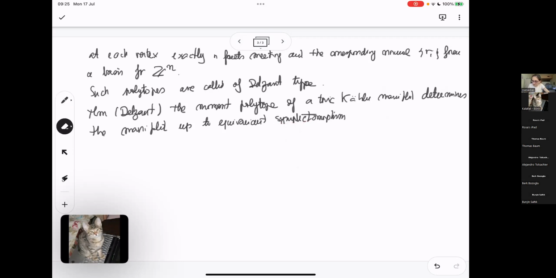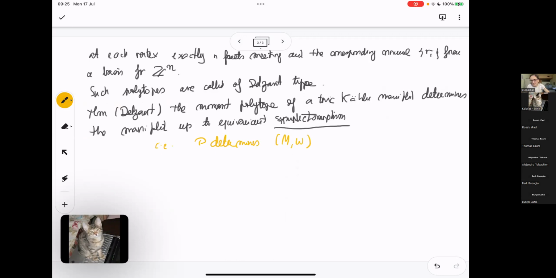So the important thing here is symplectomorphism. What this means is that P determines M, omega. It doesn't determine g. It doesn't determine the metric.